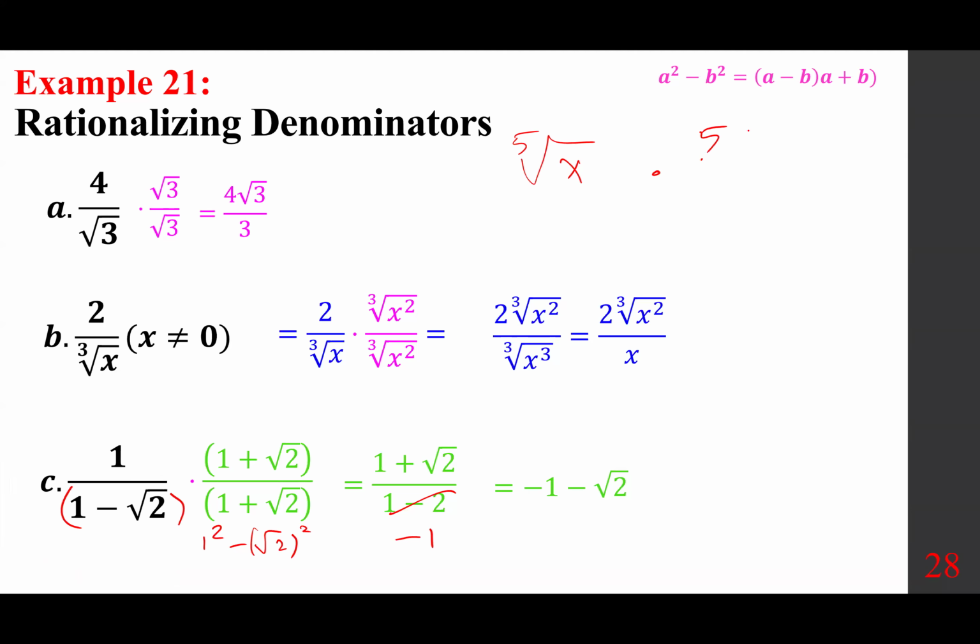You need the fifth root of x to the power of 4. So it becomes the fifth root of x to the power of 5, or x. The sum of the exponents must equal the index for it to come out. And if you have two numbers here, or one of them may even be a variable, for example, if this was x, doesn't matter, x minus square root of 2, you multiply times x plus square root of 2 in order to use this identity and take them out.